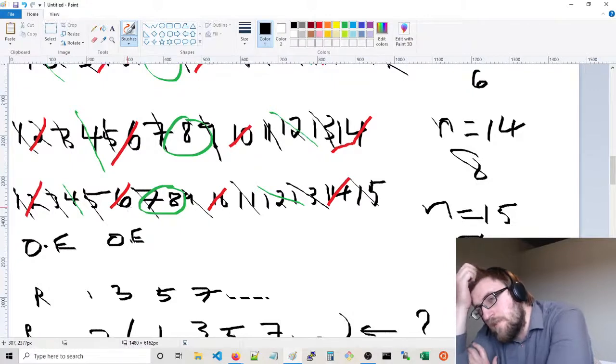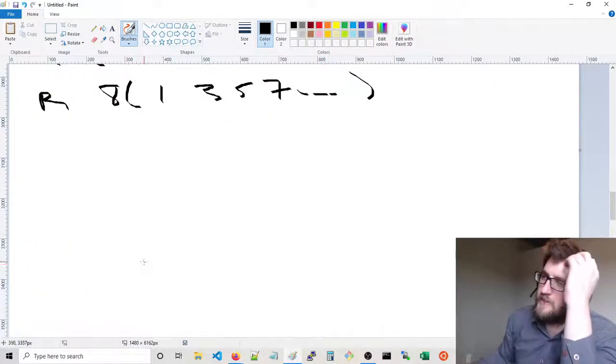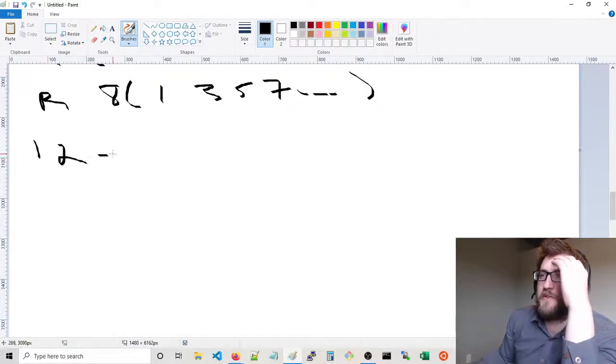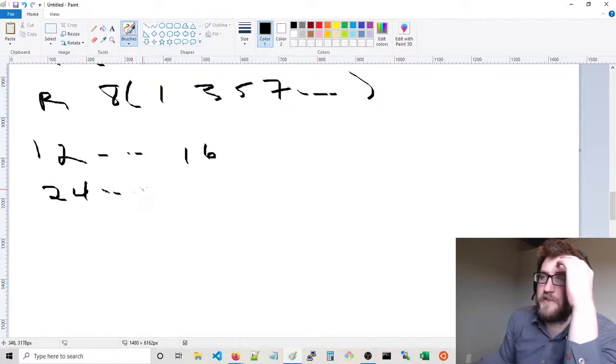We could think about another data point here. We have n equals 16. Let's try that. So 1, 2, dot, dot, dot, 16. Get rid of all the odd numbers. Then get rid of every other even number.